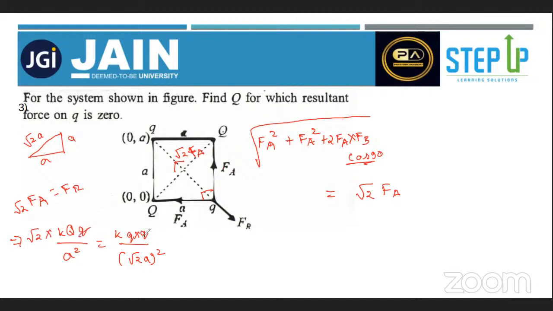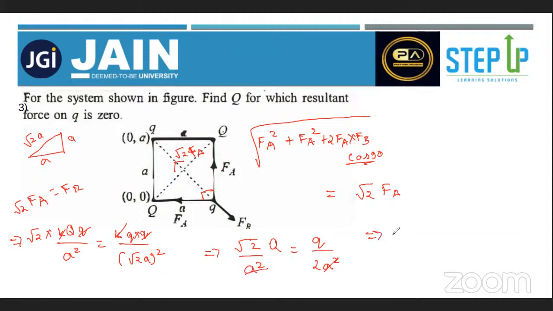If I solve this, K gets cancelled. So I'm getting root 2 Q upon A square equals Q upon 2A square. Again, A and A square get cancelled.